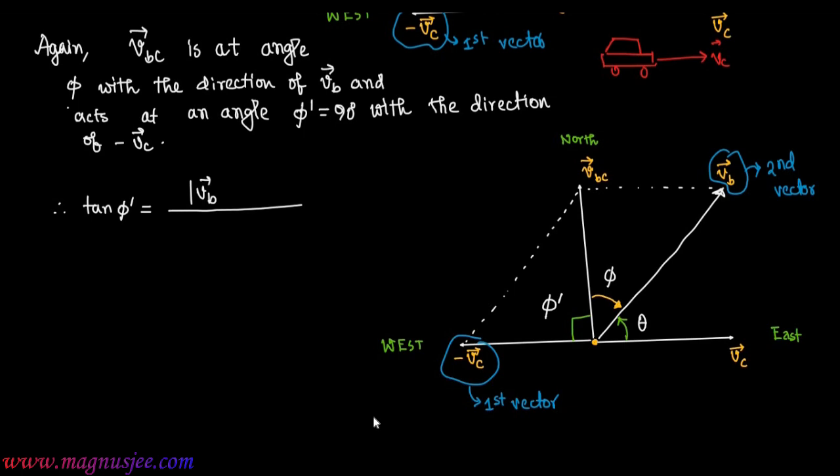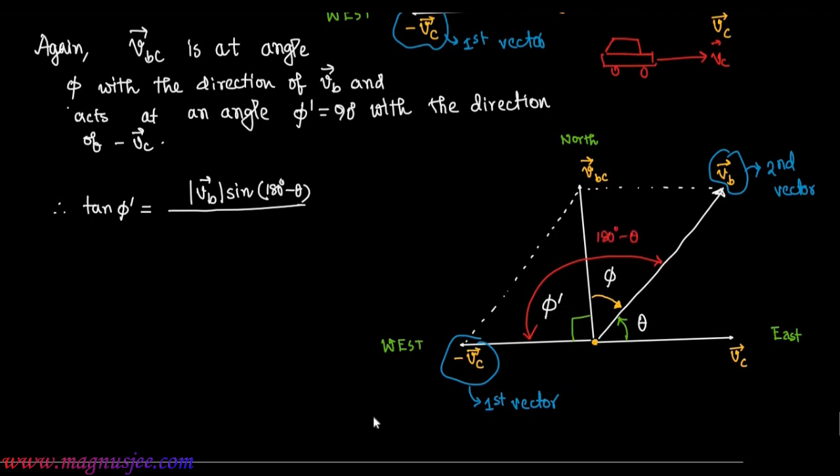That's why tan phi dash is equal to mod vector VB sin (180 degree minus theta) divided by mod minus vector VC plus mod vector VB cos (180 degree minus theta), as the angle between vector VB and minus vector VC is 180 degree minus theta.